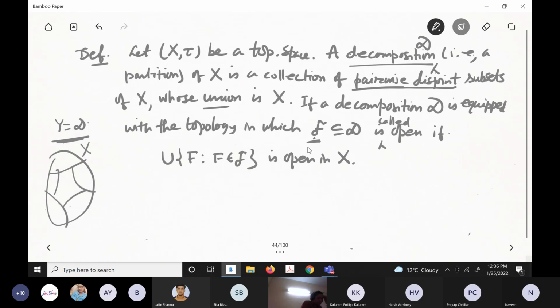But you should check that this will give you a topology. I can call it, right now, the topology sigma. You should check that sigma is a topology. Well, I was talking about the quotient map and that. And this thing is called the decomposition space.